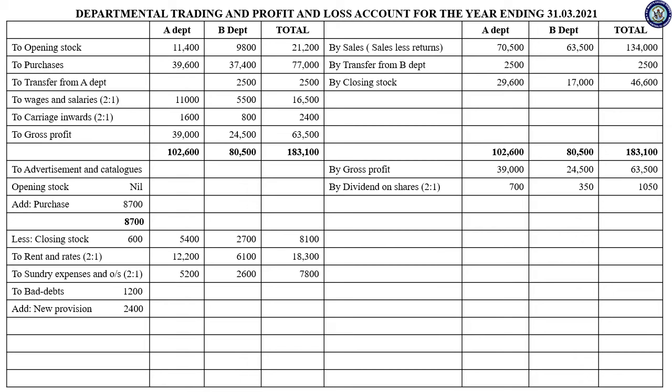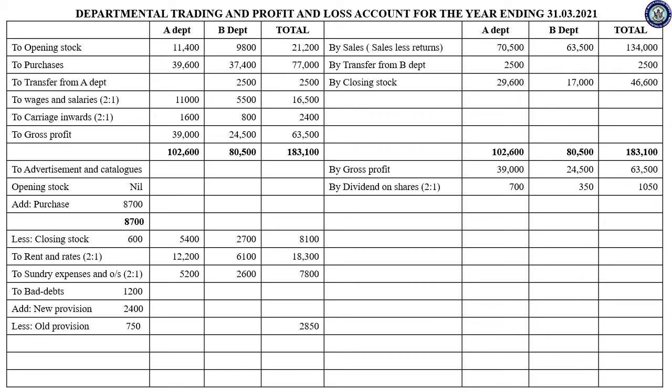After deducting bad debt, you will get the net debtors. On that, you calculate the provision, that is a percentage of provision. It comes to 2400.